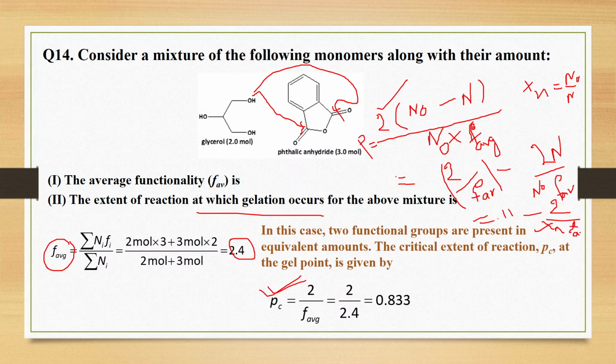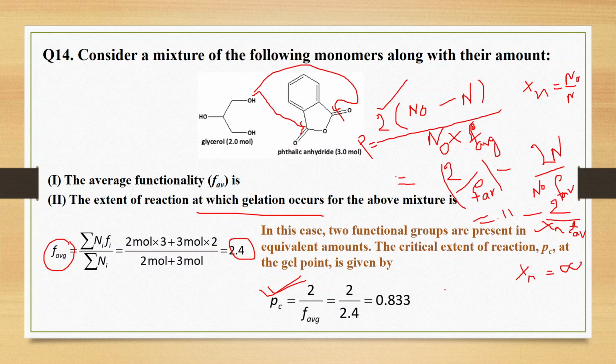Now the question I've asked is the extent of reaction at which gelation will occur. Whenever gelation occurs, there will be an infinite network formed between these two monomers. So in that case, the degree of polymerization will be infinity. So for gelation, xn will be infinity. So the second term, 2 divided by infinity, will be 0.